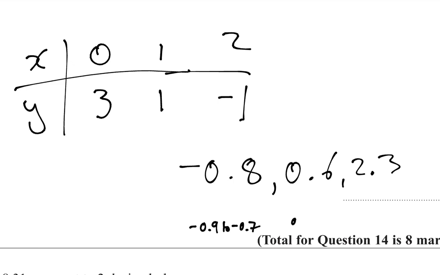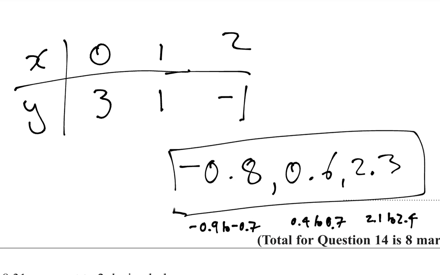For 0.6, you're allowed 0.4 to 0.7, and from this one you're allowed 2.1 to 2.4. So we're well within the tolerance of what you're allowed on the mark scheme. So there we go, there are 3 solutions.